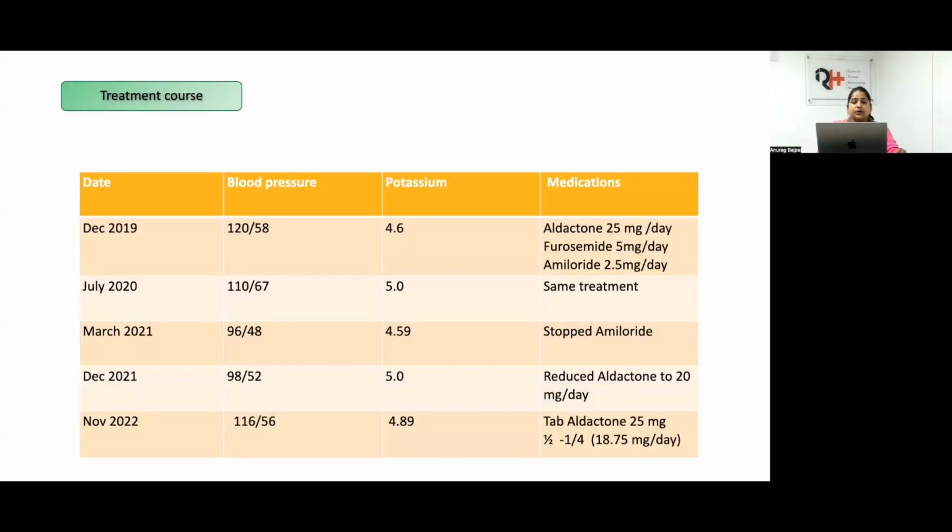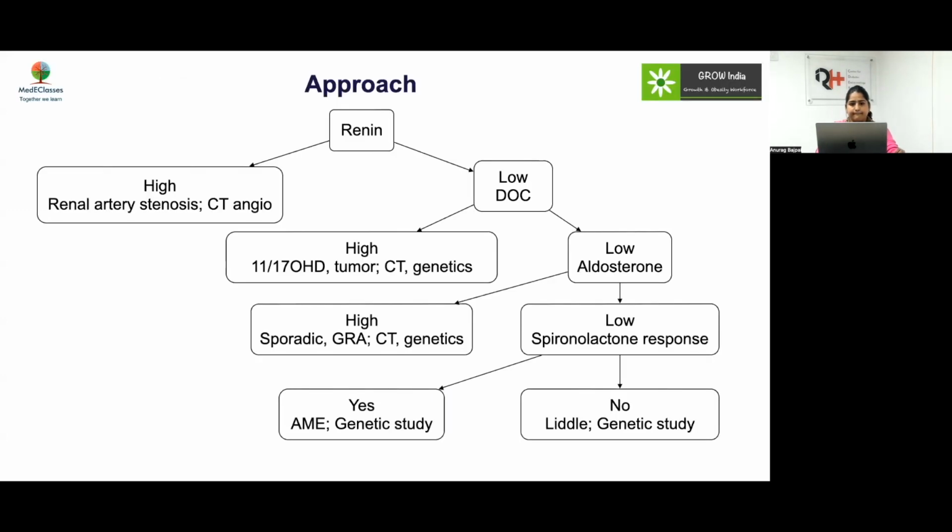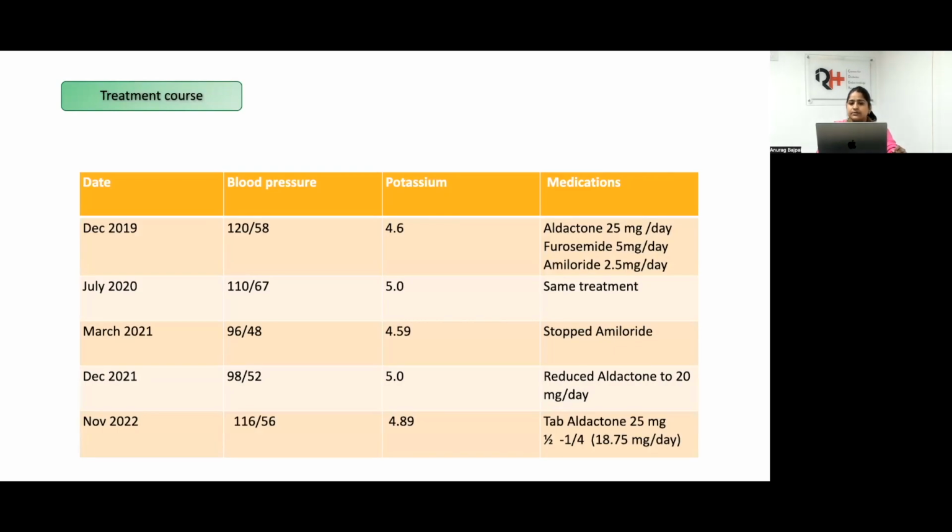And as we see the treatment course, as you can see in the slide, right from December 2019, when the blood pressure was 120/58, we started the aldactone 25 mg per day along with the amiloride and the furosemide. But now in November 2020, we are able to taper the aldactone to 18.75 milligram per day, and he is able to maintain the blood pressure at 116/56, and there is no hyperkalemia.